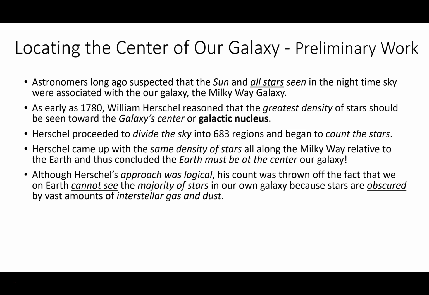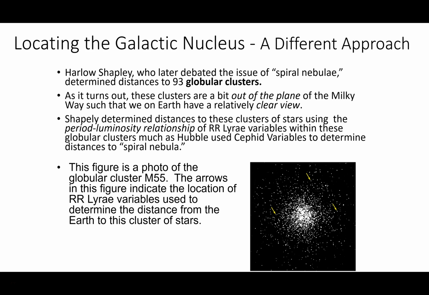And on the test, it says something about what was wrong: he really can't see way deep into our galaxy from our position because of the dust obscuring our line of sight. So there's that. Different approach: Harlow Shapley, although he was wrong on the Curtis-Shapley debate, was right about this.